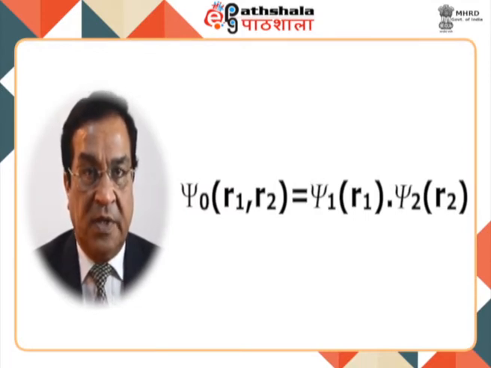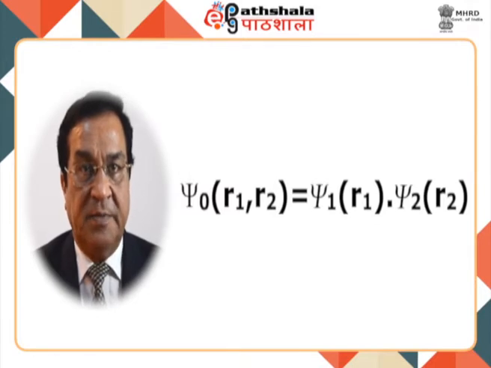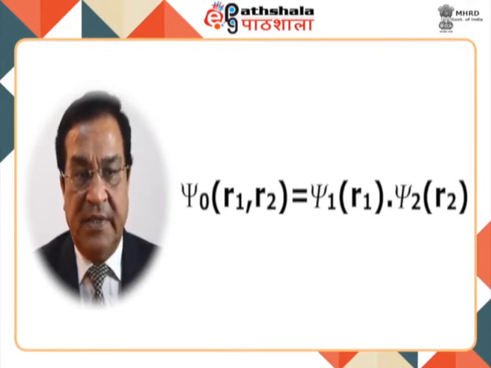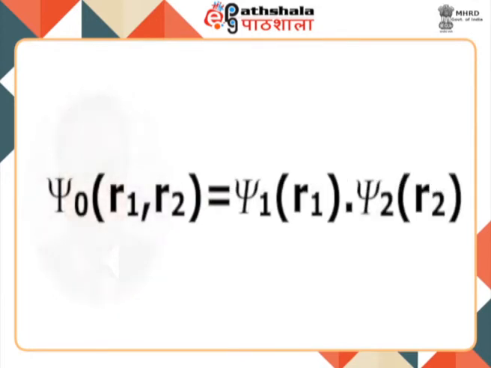So the ground state unperturbed wave function for such a system will be psi 0 of r1, r2 equals psi 1 of r1, and then the product with psi 2 of r2.